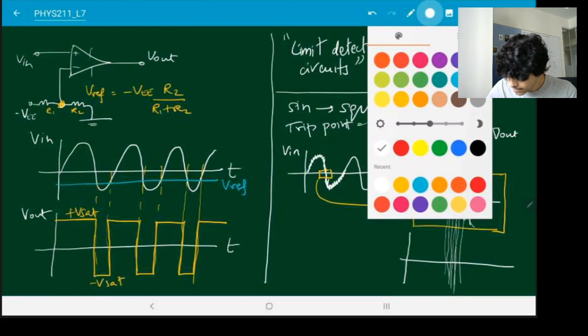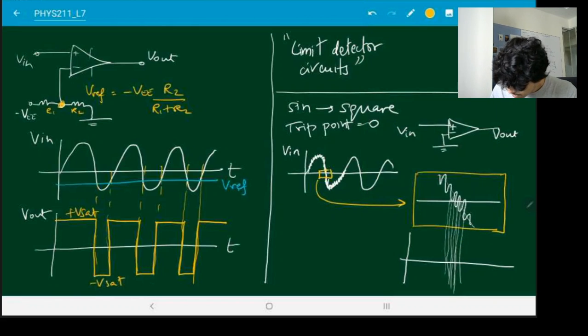So your output might look kind of like this. Because every time your noise crosses 0, your output state will change.